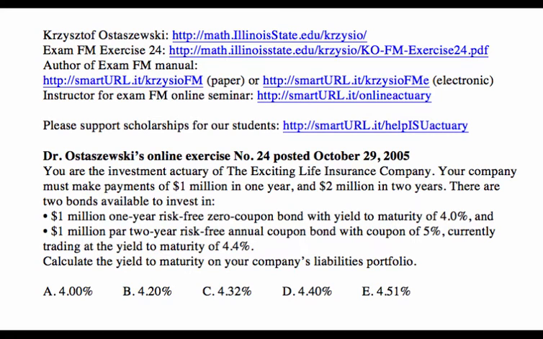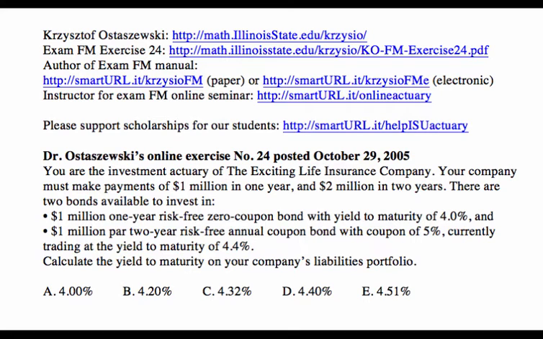Note that to the customer of this insurance company, these payments of $1 million in 1 year and $2 million in 2 years, assuming that it's one customer, but it doesn't really matter, whatever it is to this insurance company, it's their liability. And what I'm trying to say is to a customer of the company, this is an asset.